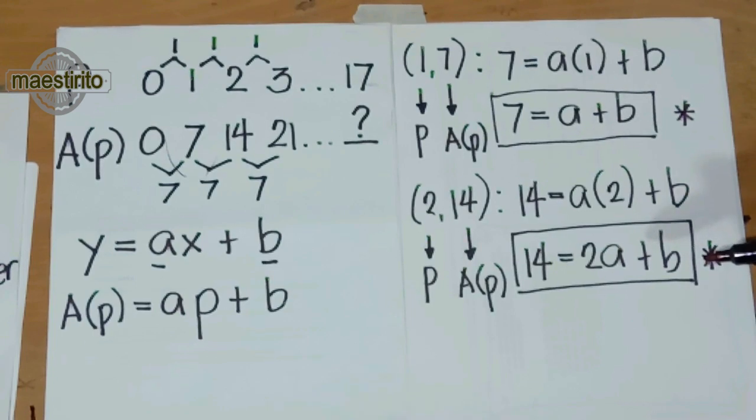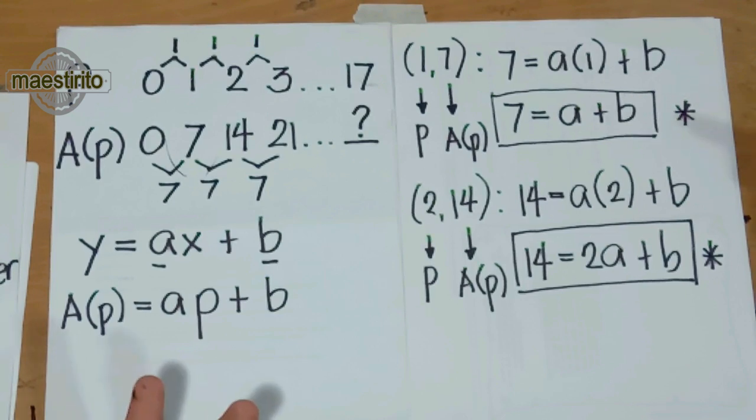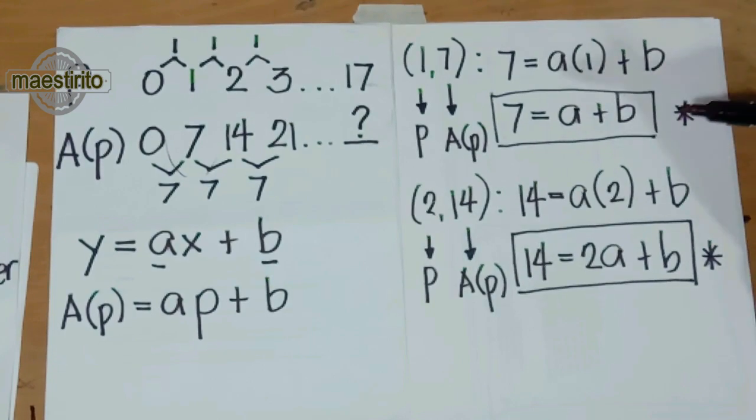And there are many ways to solve this. You could have graphing, elimination, or substitution. For this problem, I'll be showing you, and I will help you to recall, the methods of elimination and substitution.